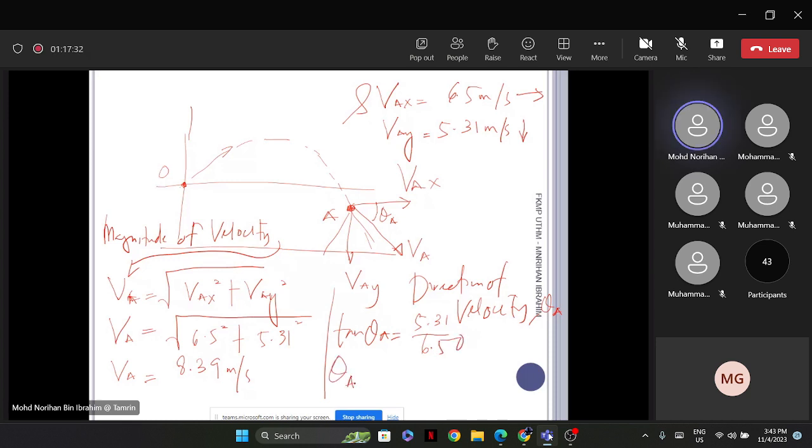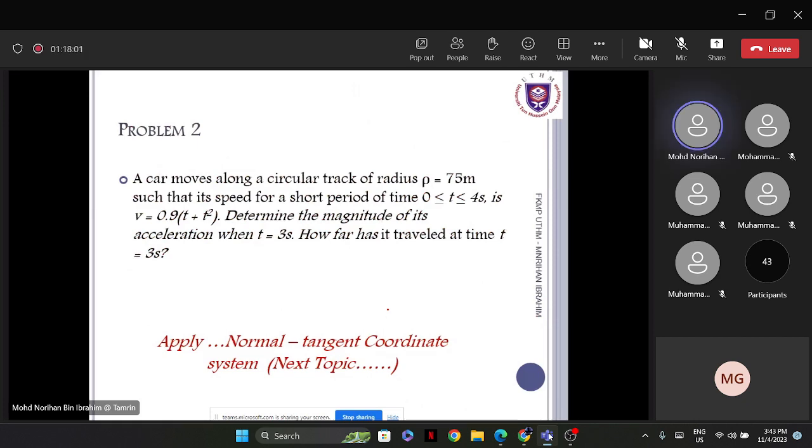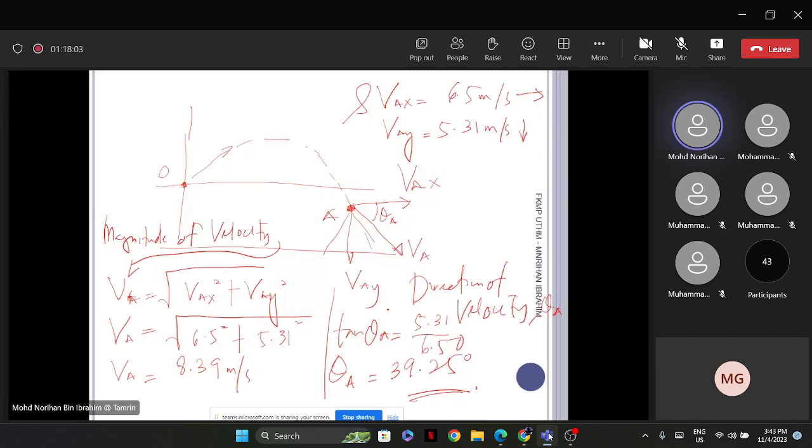Therefore, theta A, you calculate this one, you got the answer, which is equal to 39.25 degrees. So the direction of velocity, theta A, is equal to 39.25 degrees. Okay, is there any questions for this method of solution?